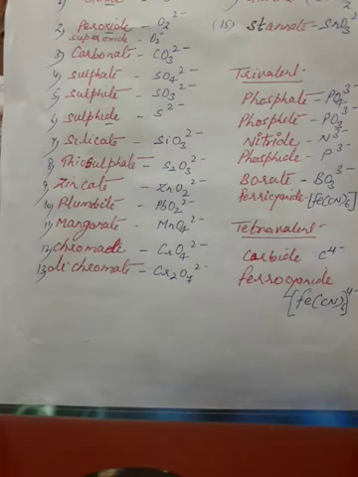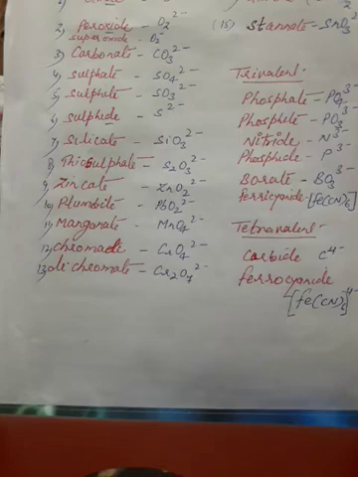Then carbonate. Carbonate I think is very simple. You already know carbonate. Carbonate is CO3 2 minus. Then learn sulfate, sulfite and sulfide together. Sulfate is SO4, valency is 2 minus. Then what will be the formula of sulfite? 1 oxygen less than sulfate.